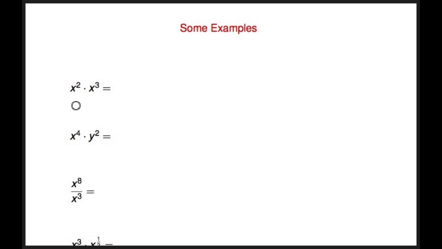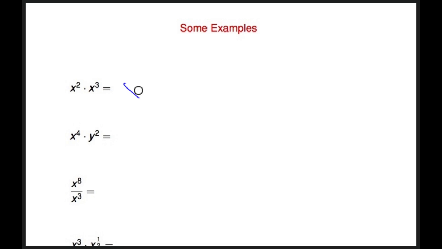Okay, so let's start out with x squared times x cubed. So here in all these examples we're multiplying or dividing, and the bases are x and x, x and y, x and x, and so on. So let's look at the first example. X squared times x cubed. We're multiplying things that have the same base, which means that we should add the exponents.